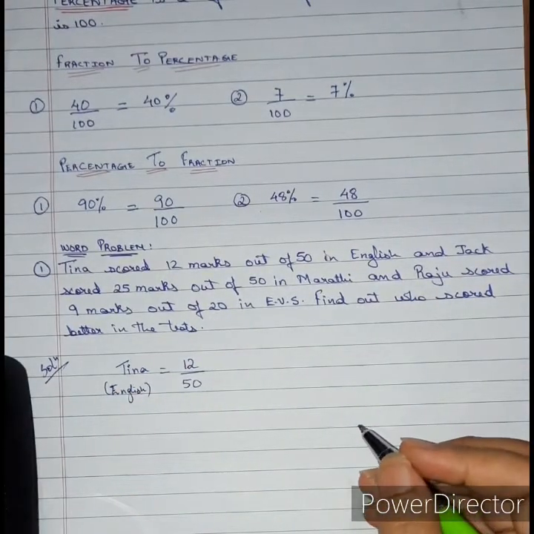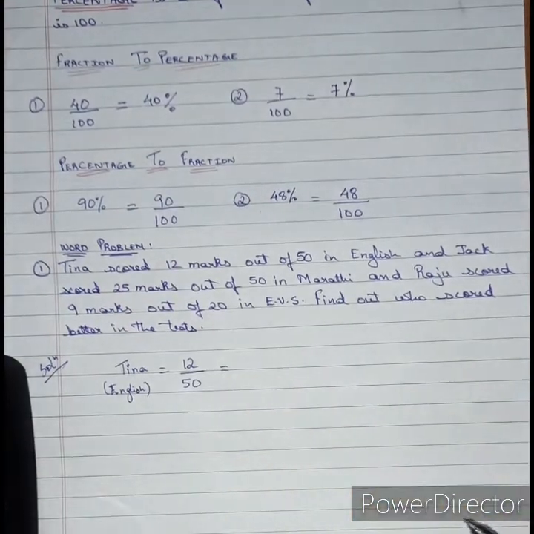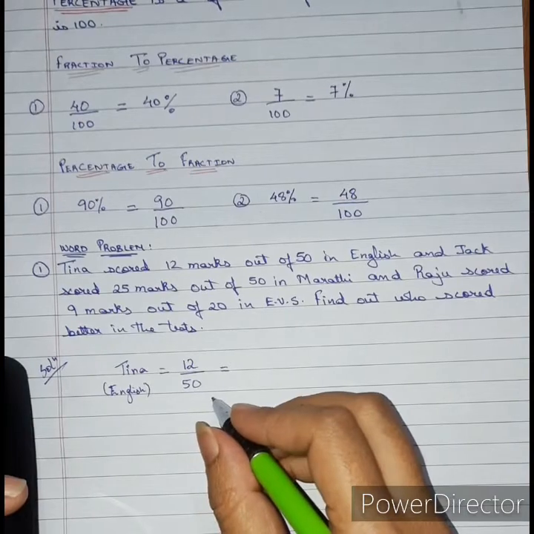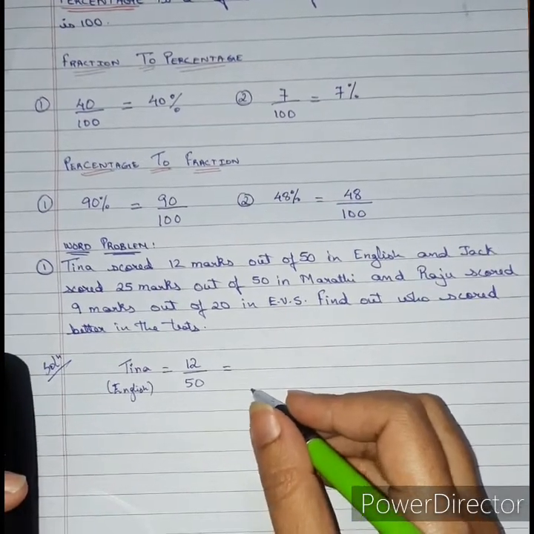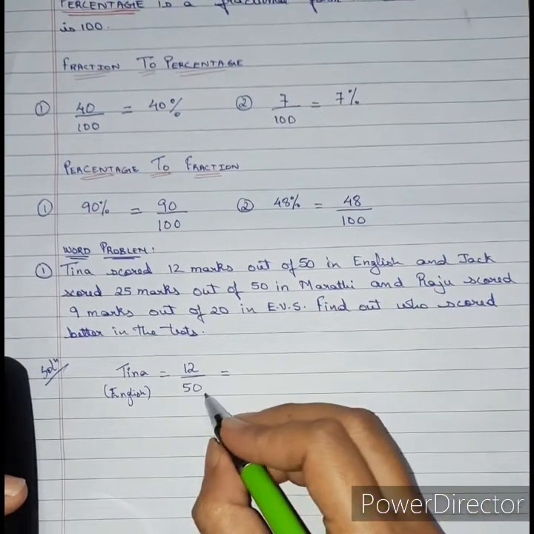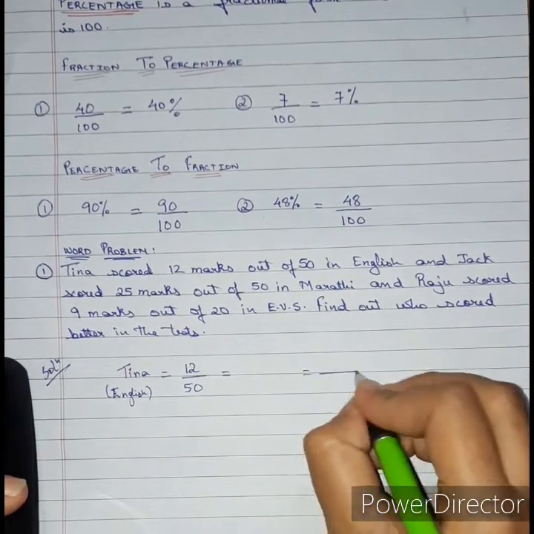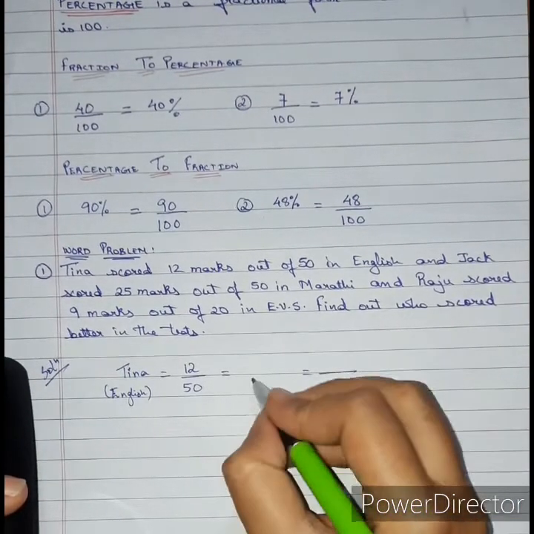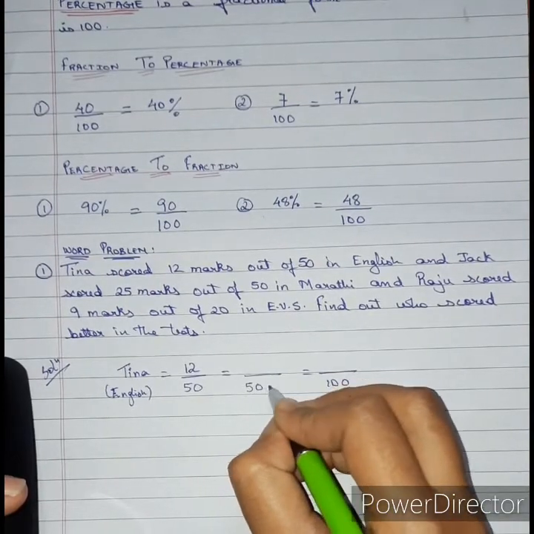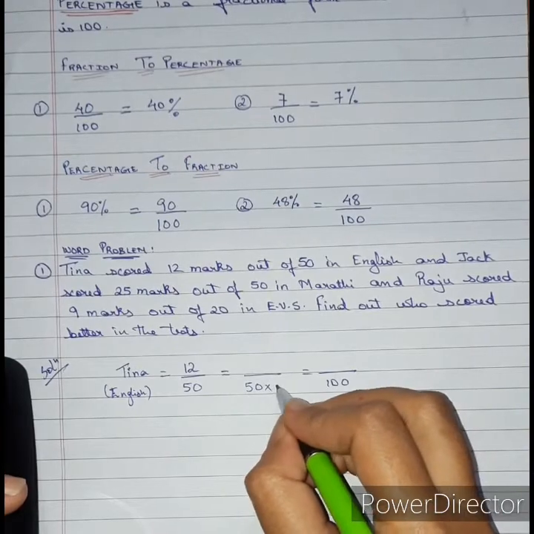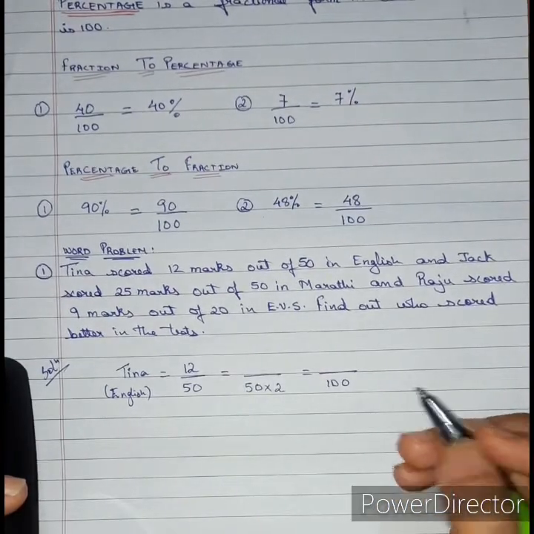Okay. Now, next it should be upon 100. It is upon 50. So you have to make it upon 100. So which number when you multiply in the denominator will give you 100? So 50 multiplied by something should give you 100. What is that? 50 into 2. 2 times 50 gives you 100.